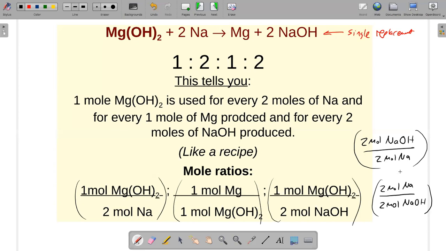And of course, 2 over 2 is just 1, so whatever amount of sodium is the same as the amount of sodium hydroxide you get, as a quantity, not as a mass. So there are actually 12 different mole ratios you could write from this equation with 4 different chemicals.